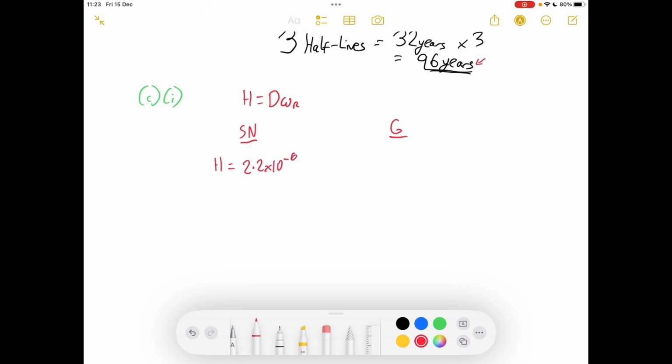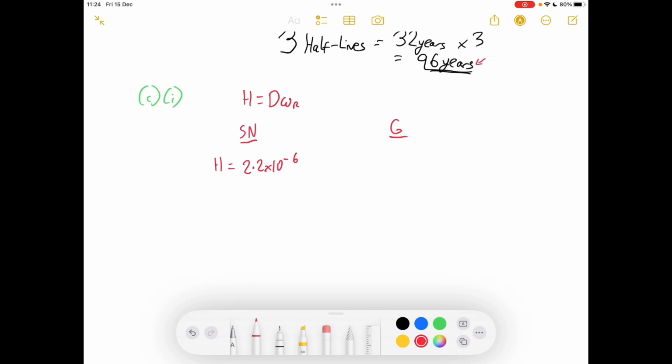2.2 times 10 to the minus 6. So it is 2.2 times 10 to the minus 6, because in the question it says it's in micrograys.